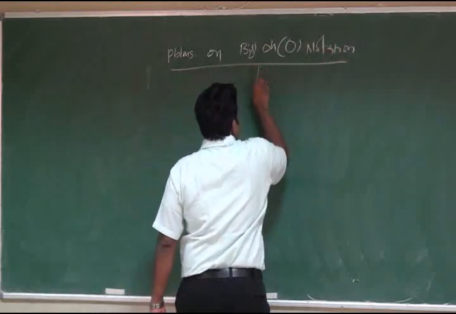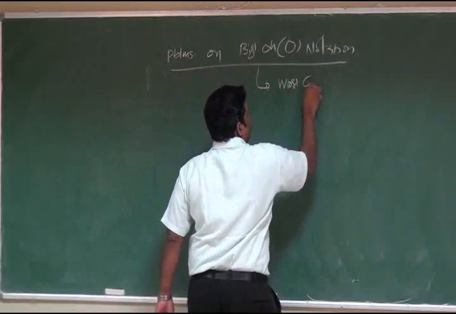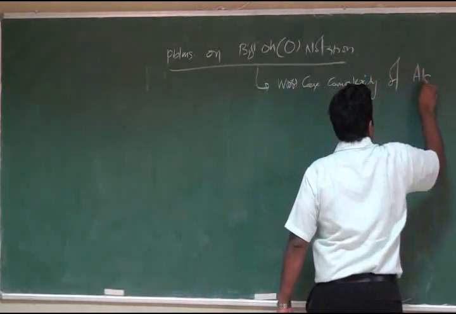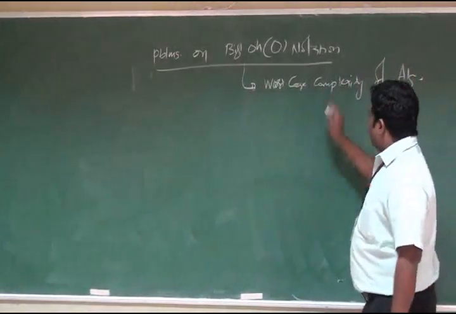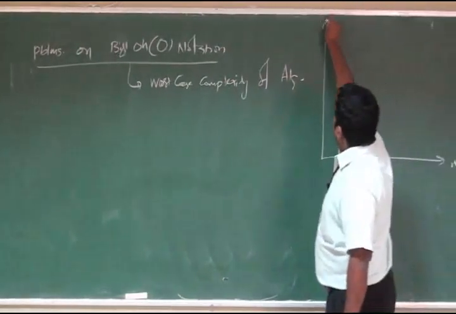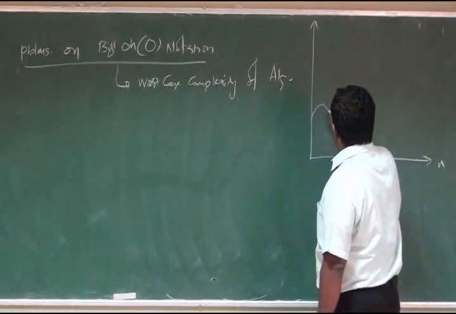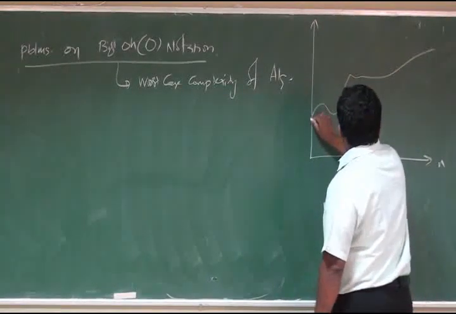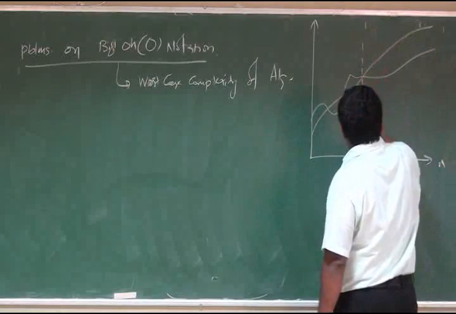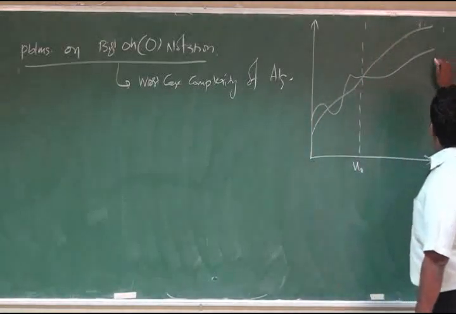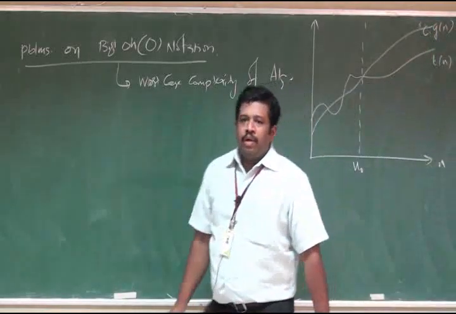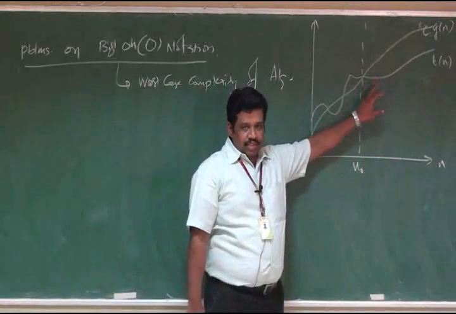So big O notation is mainly used to assess the worst case complexity of an algorithm. As we have seen in the graph, it defines the upper bound of resources.